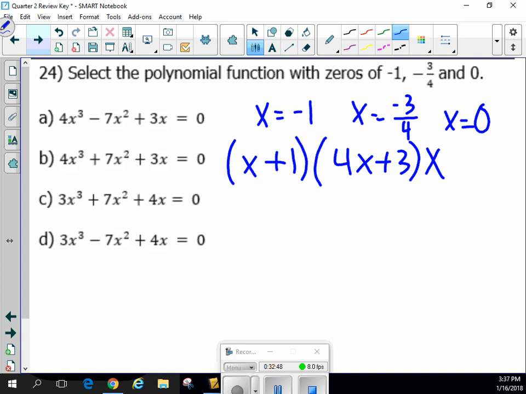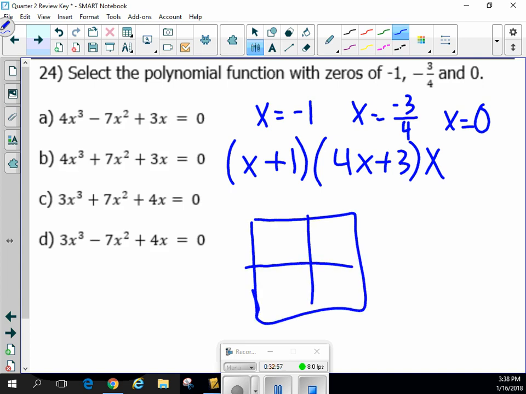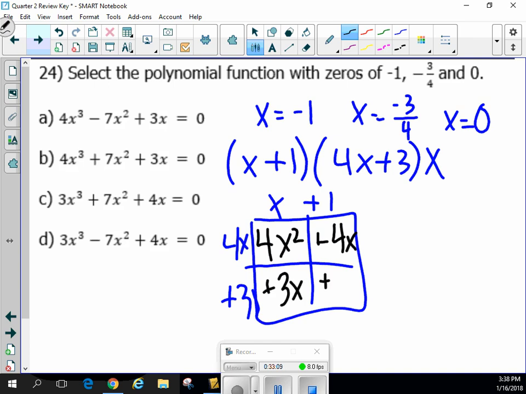So now what we have to do is multiply our binomials together and then distribute in our GCF of x. So I'm going to multiply x plus 1 times x plus 3x. And if I combine like terms, we end up getting 4x squared plus 7x.